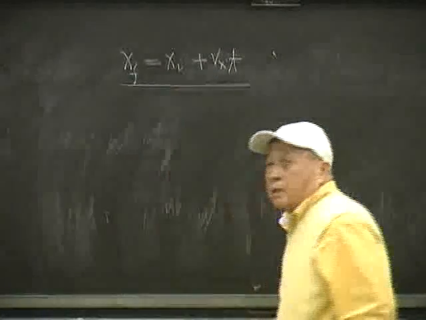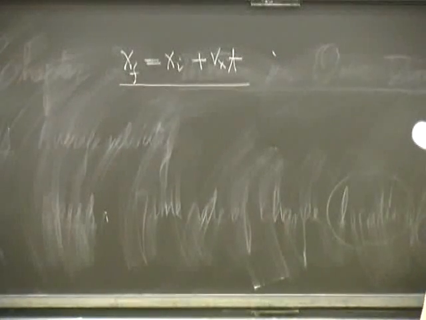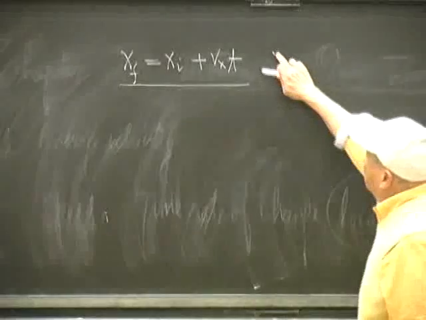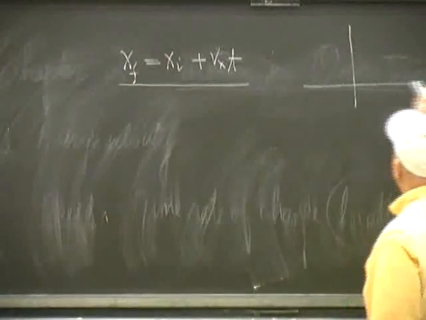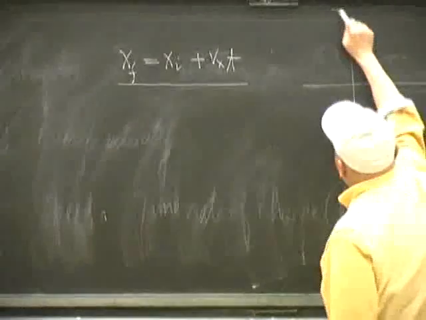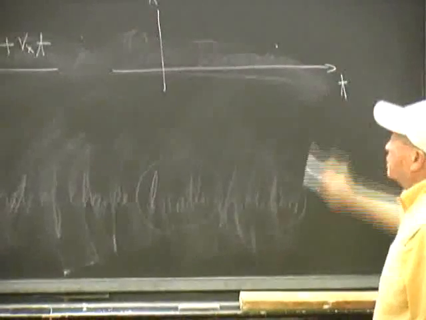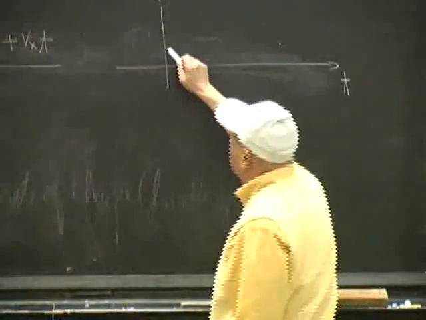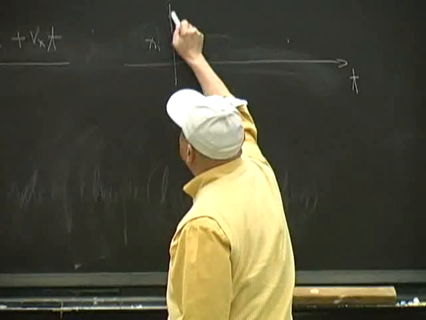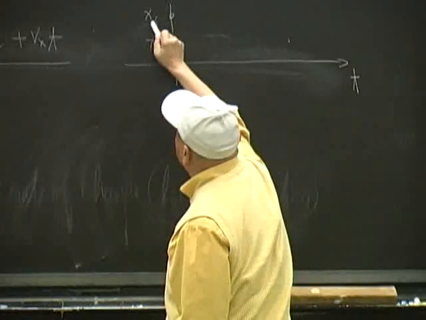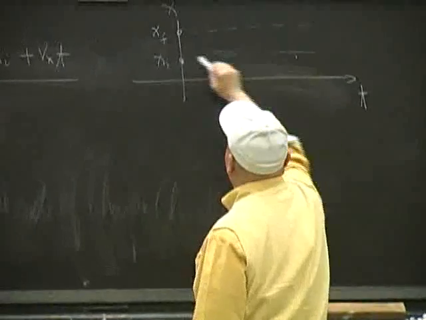So look at this. We would like to ask how to plot this. Assume the velocity is constant. The vertical axis is called x, and this is t. In that case, we draw this initial location x sub i, and this is x sub f. Then very nicely, we draw a line.